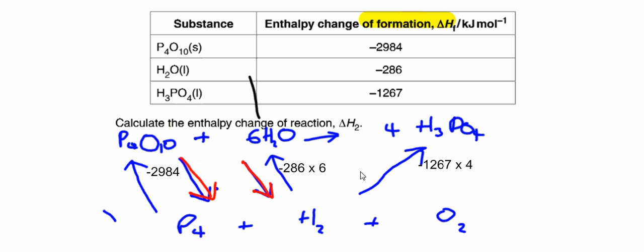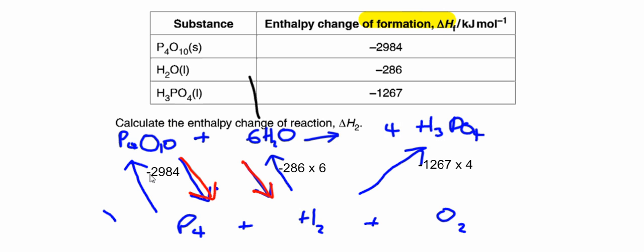They're different. So these two arrows aside for a moment, we've got our elements at the bottom, we've got forming P4O10 from its elements, so the arrow is going upwards. We've got forming water from its elements, so the arrow going upwards, and we've got forming of phosphoric acid from all our elements going upwards.